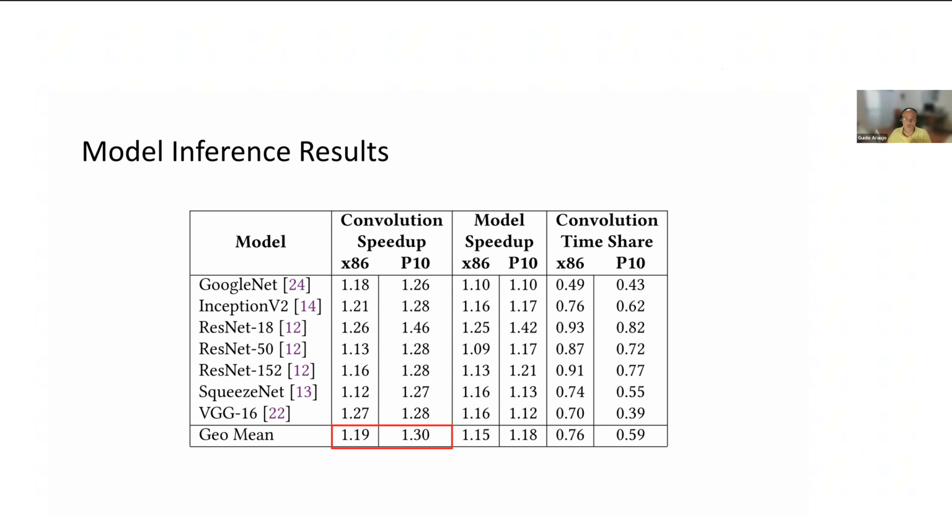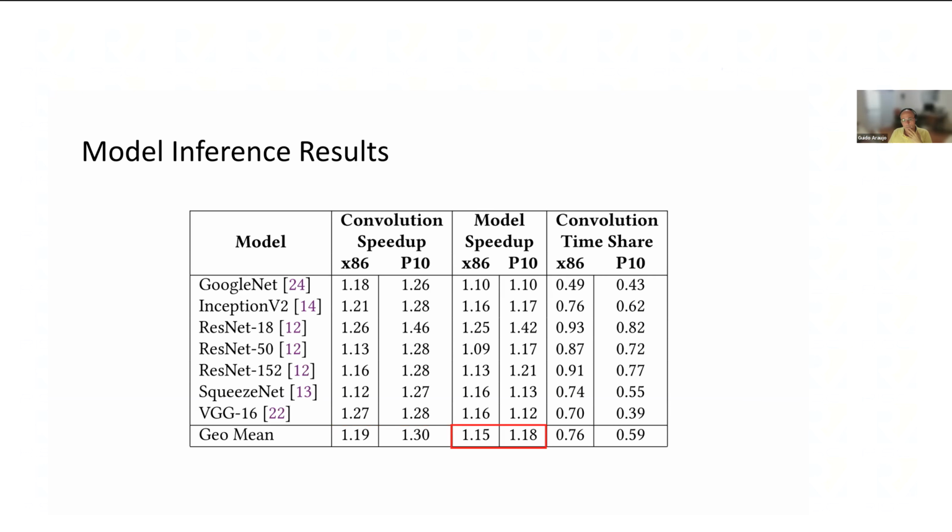So the message here is that improving convolution is important because it's an important operation inside a model, but you actually have to focus your energy on the other operators too, because some of them require reductions, which are very expensive operations, and you should take care of them as well.